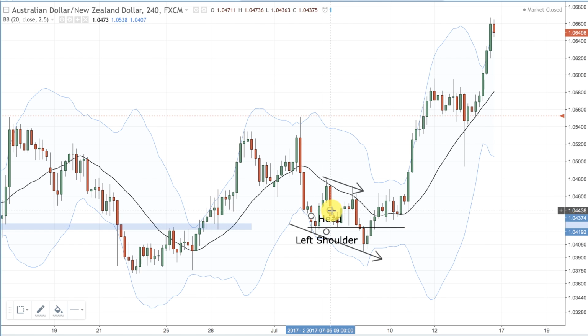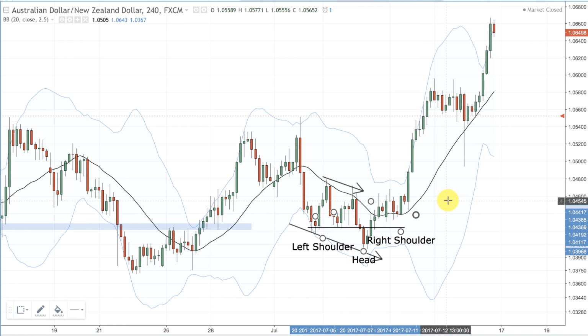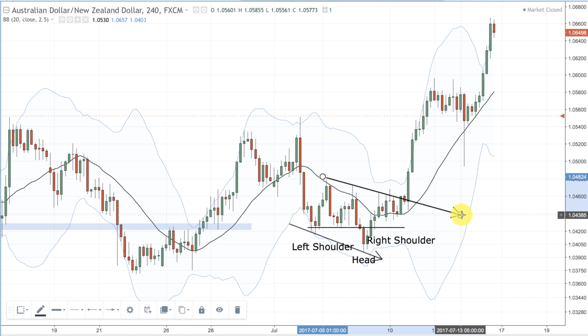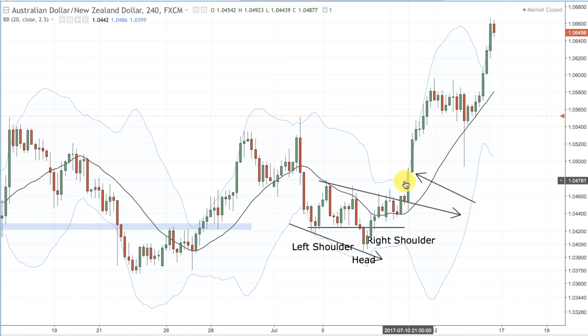We have our left shoulder here, then the head, it is a squeeze pattern, and then I have our right shoulder here on the right-hand side, obviously. And if we just take this as a trend line, then we can see we have our neckline. With this candle, we are then also able to push price above the lows. We are making a break above the neckline, and we are starting this very nice uptrend.